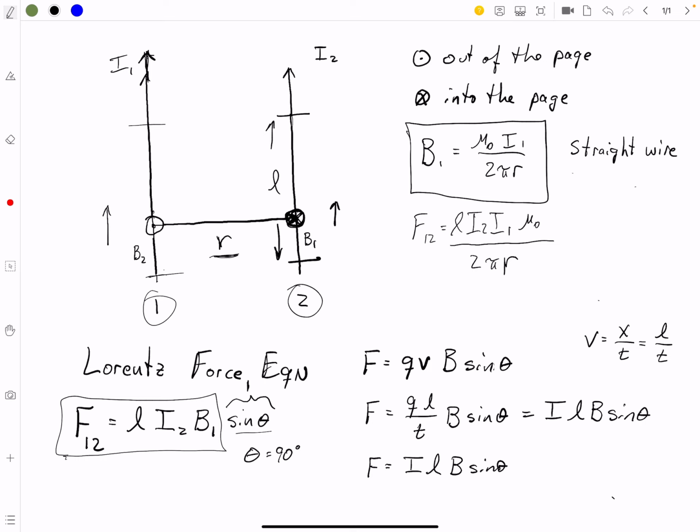So that's a great equation to work with, and we can then say, of course, the force of 2 on 1 is equal to minus that, using Newton's third law.